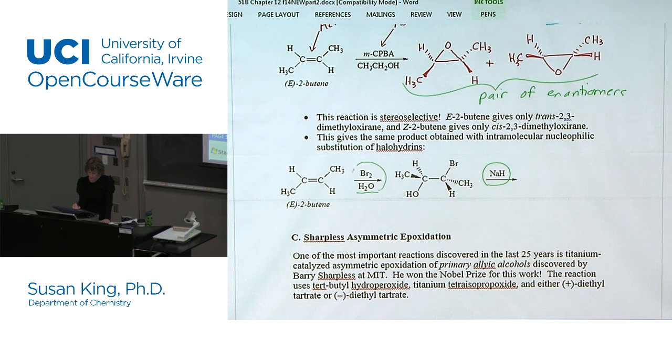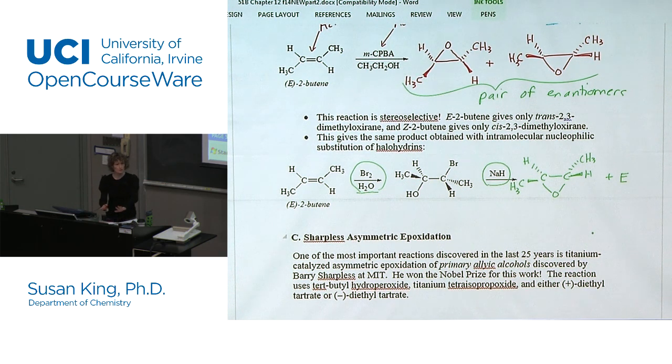Okay, so that's the other way. We get the same exact product mixture, plus an enantiomer. So it's the same two enantiomers you get.